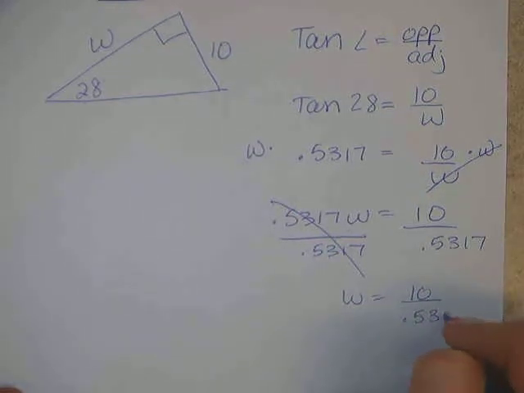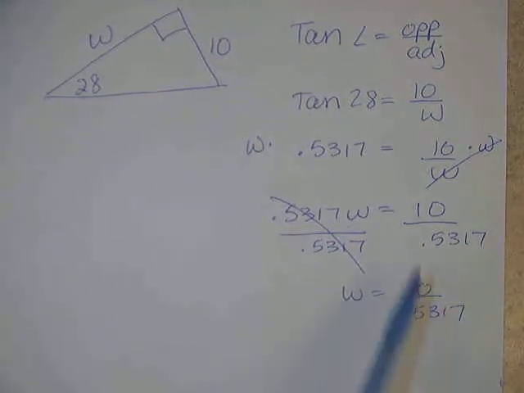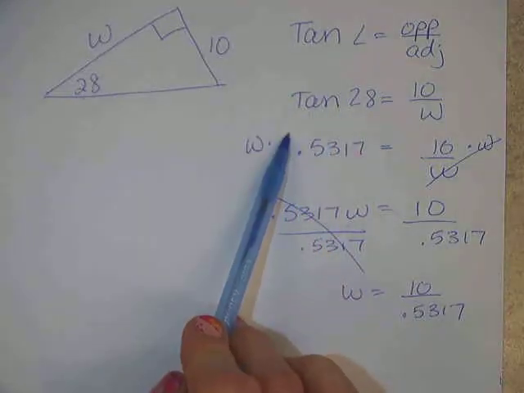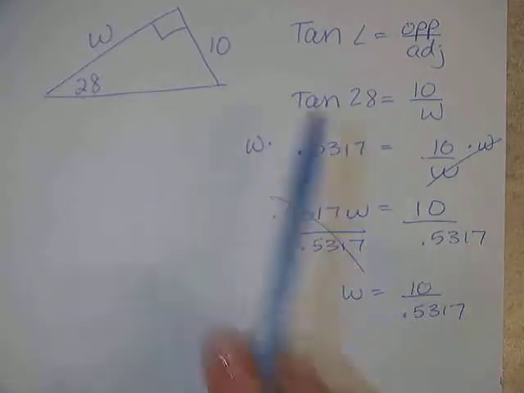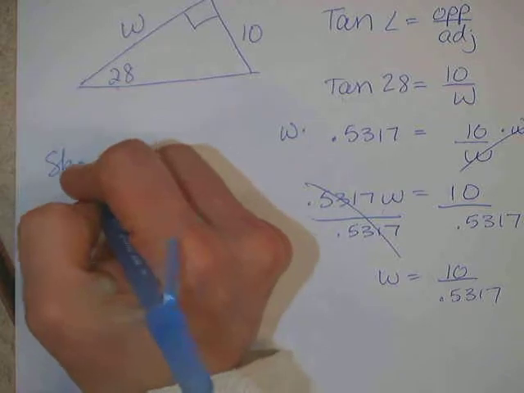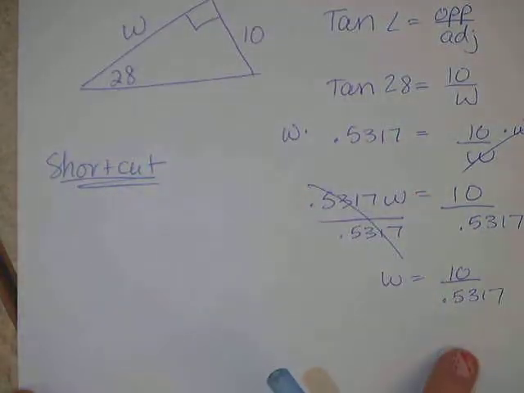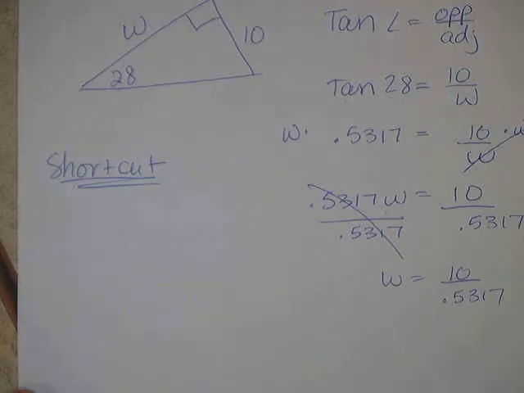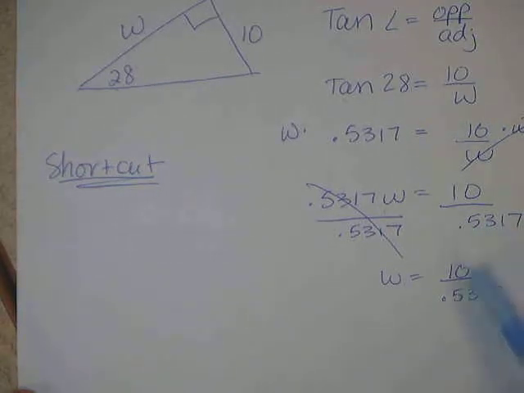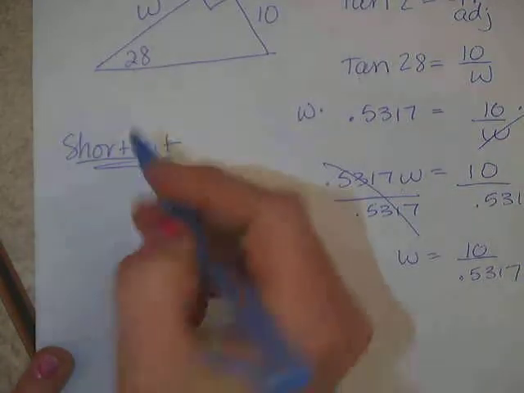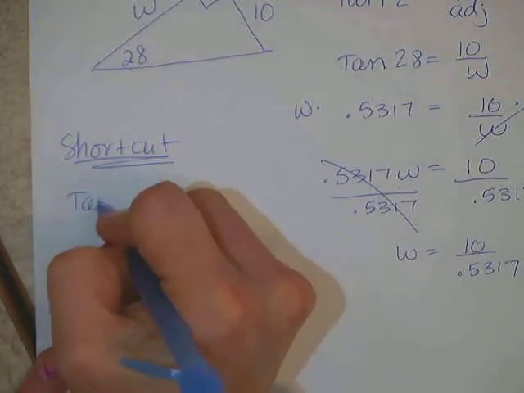So W equals 10 divided by 0.5317, which was your tangent of 28, okay? So here's the shortcut. This is the long way. Now you would do this in your calculator, 10 divided by 0.5317, okay?